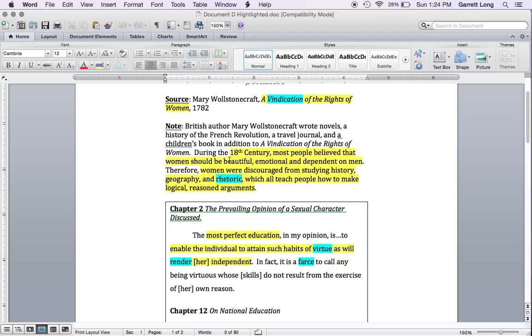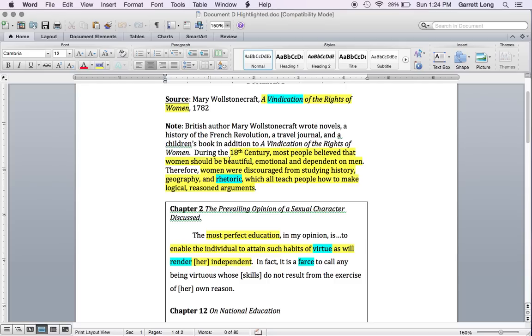For the definition of vindication, please write down defense, excuse, or justification. Our second vocab word, rhetoric: effective use of language.